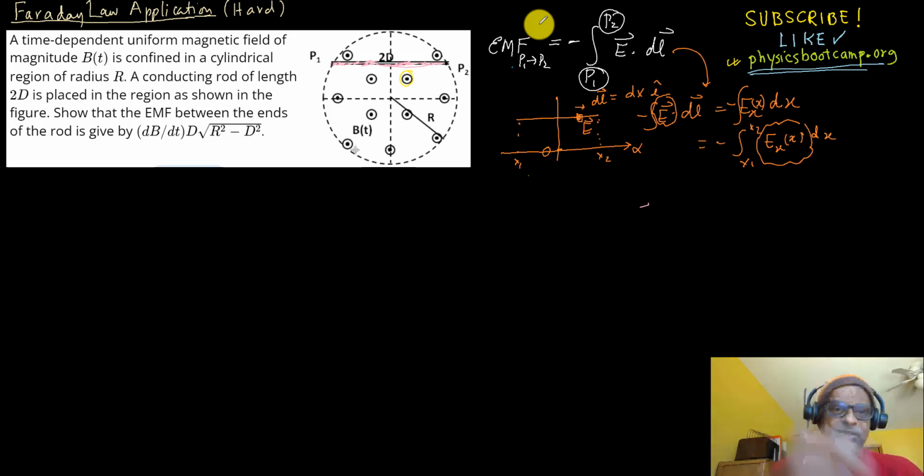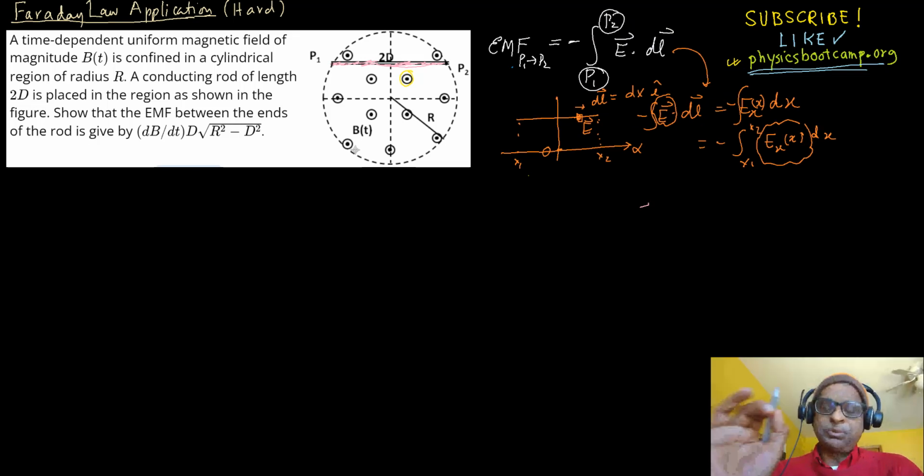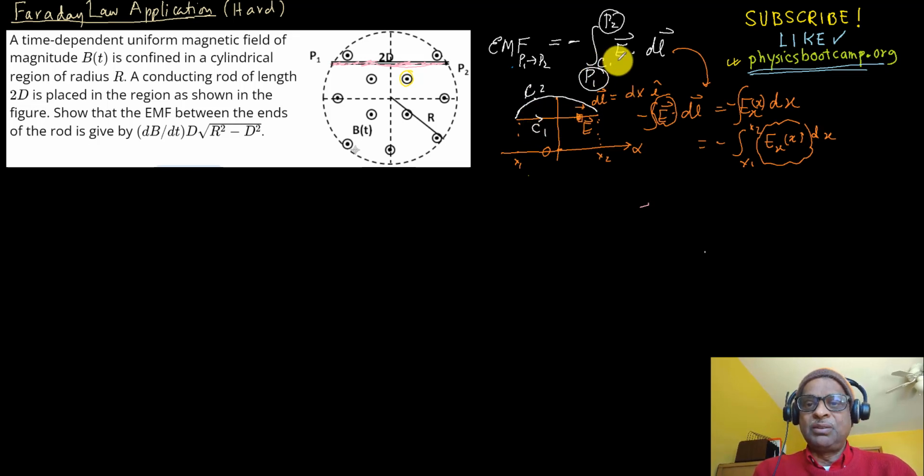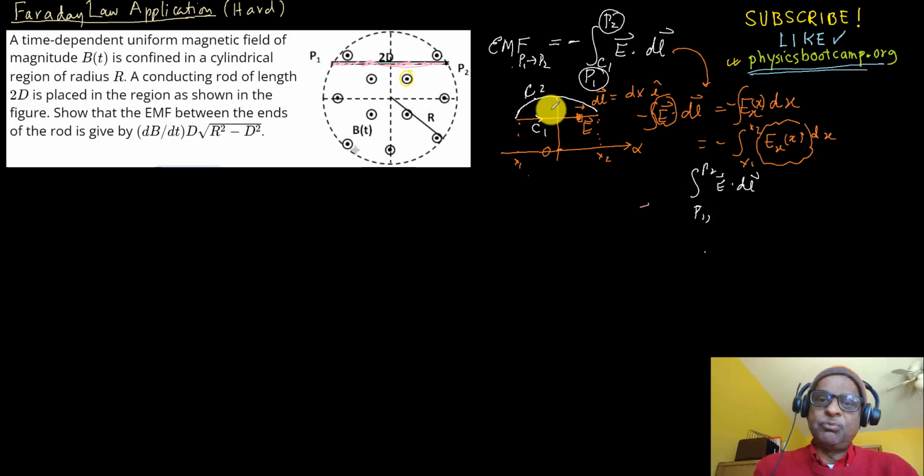So that is the EMF. That's what you have to show. I just want to tell you another related point. If you do an integral over another path, say this path C2, and this is path C1, you go from point P1 to P2, minus the integral of E dot dl, but through path C2.